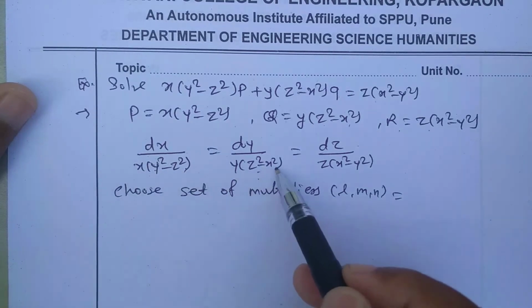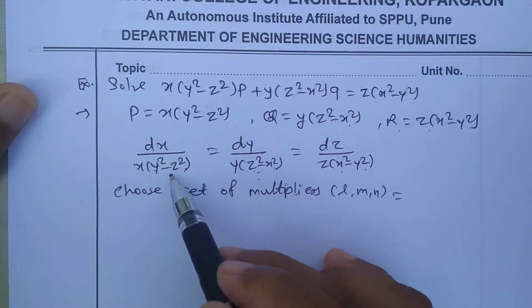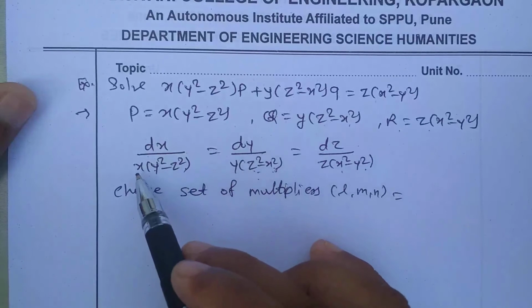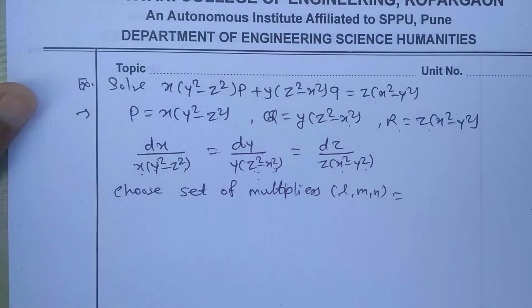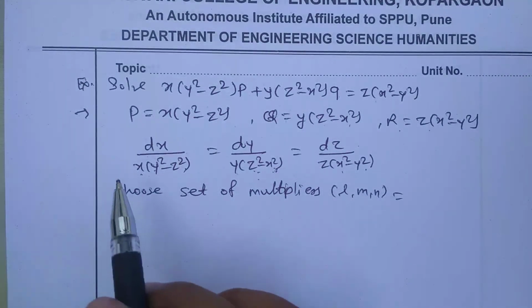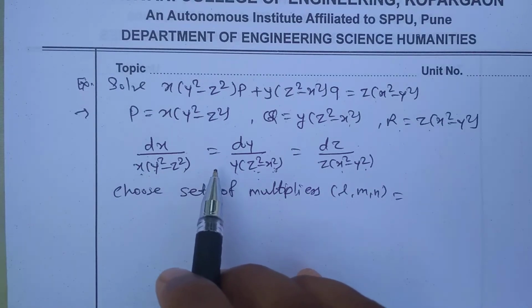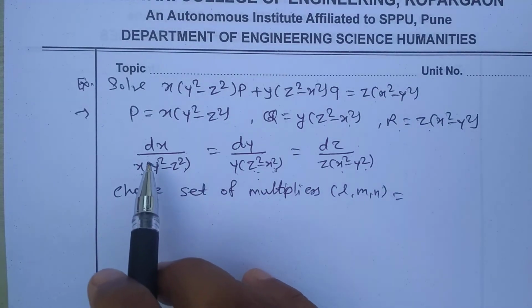See here, this is z square, this is x square, y square. So all the terms inside the bracket contain power 2, and outside the bracket the terms contain power 1. So our thinking must be either to make the power outside the bracket 2, or to make the power outside the bracket 0.